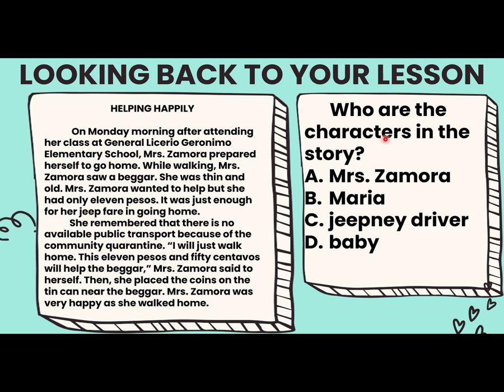Now, you are going to answer the questions. Who are the characters in the story? A. Mrs. Zamora, B. Maria, C. Jeepney driver, D. Baby. The answer is Mrs. Zamora.